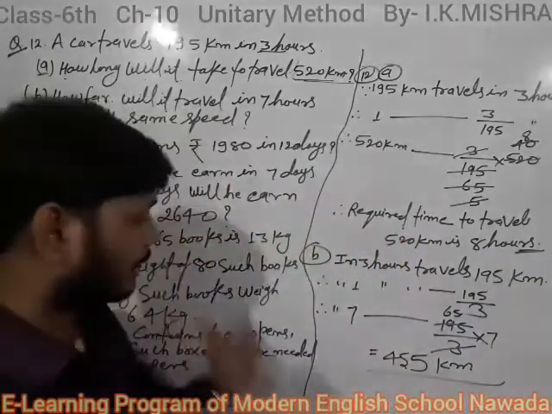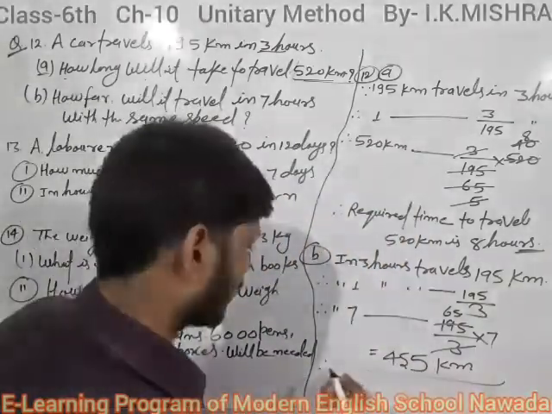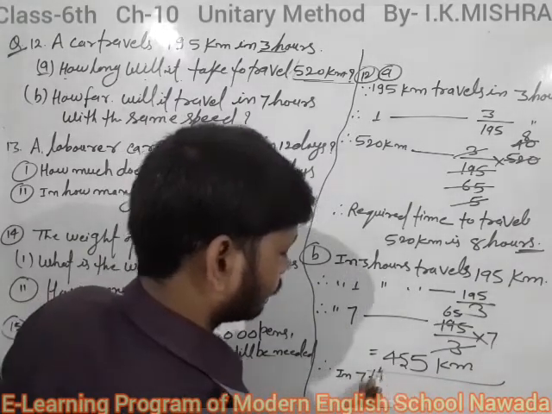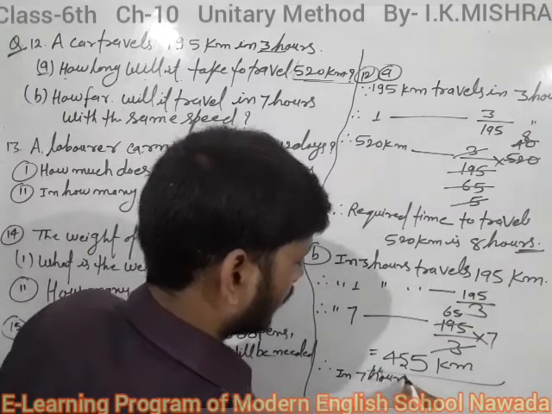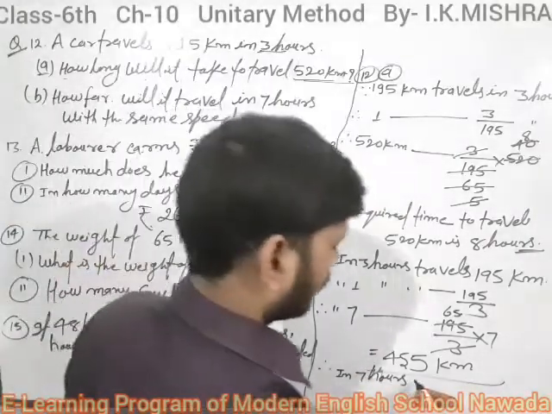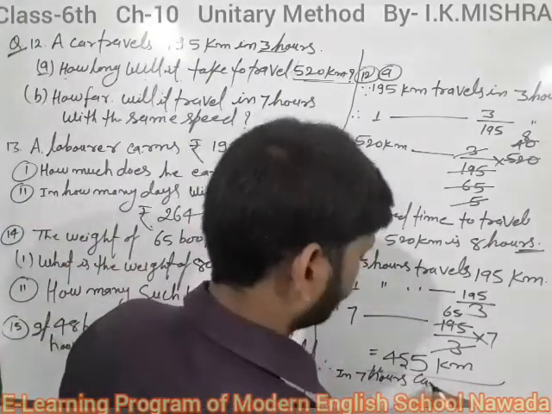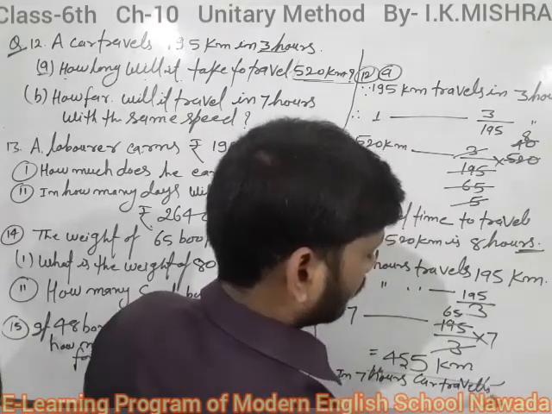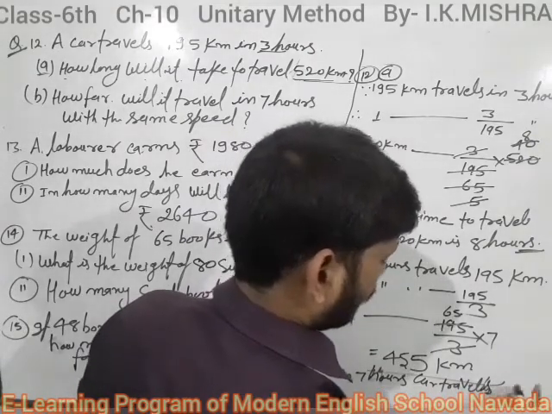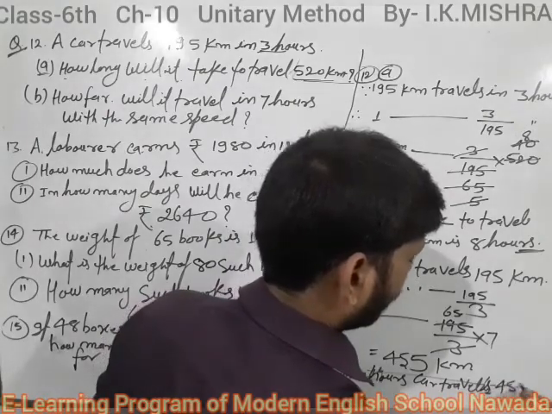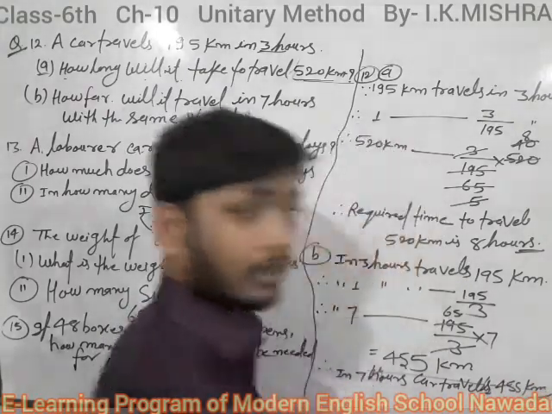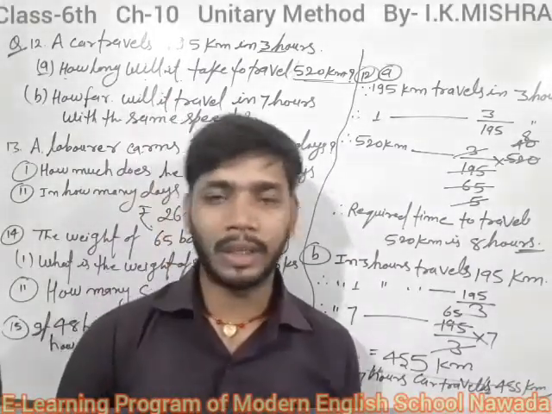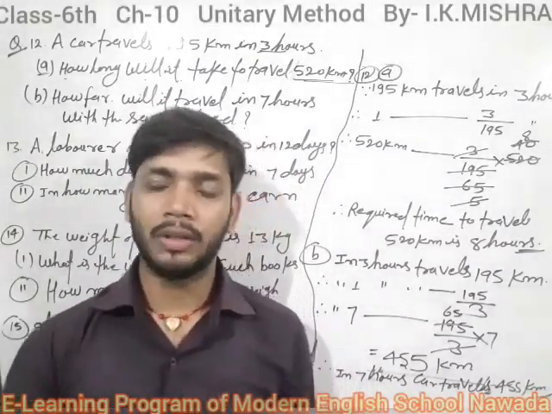That means in 7 hours the car travels 455 kilometers. Clear? Similarly, students, you can solve the next question. Now proceed to the next question.